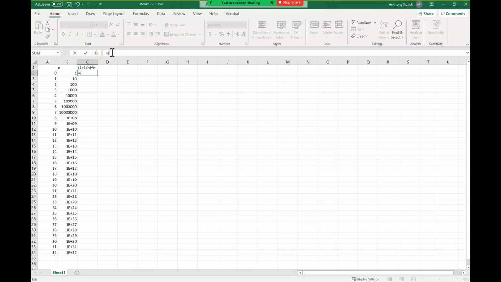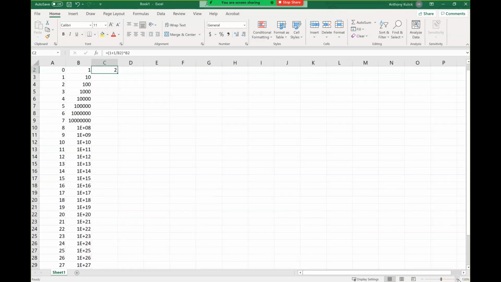So when n is 1, we get 2. When n is 10, we get 2.59-ish. When n is 100, we get 2.70.